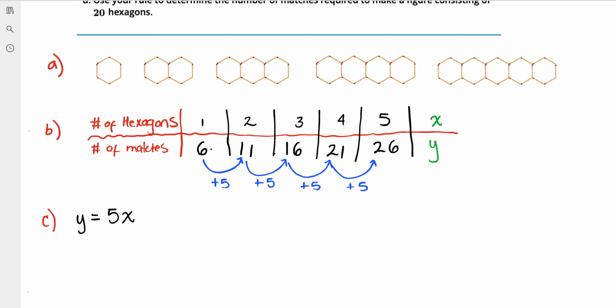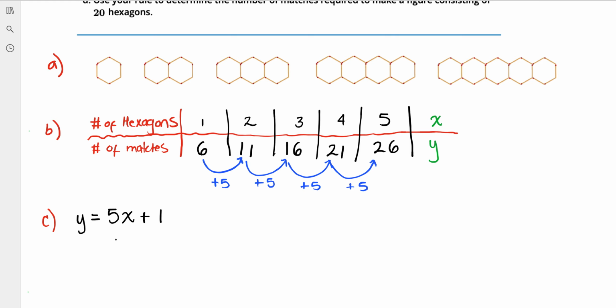But then I had to add 1 more. Agree? Only the first time I had to put 1 more. So I'm going to add 1. And this is my rule, and I'm going to check. In the second one, with 2 hexagons, 2 times 5 is 10, plus 1 is 11. Wonderful. Let's look at the last one: 5 times 5 is 25, plus 1 is 26.